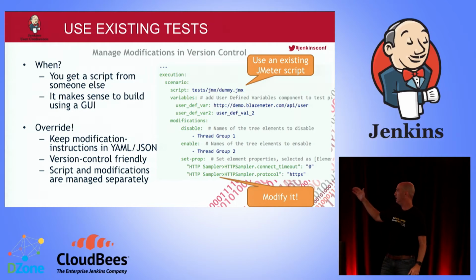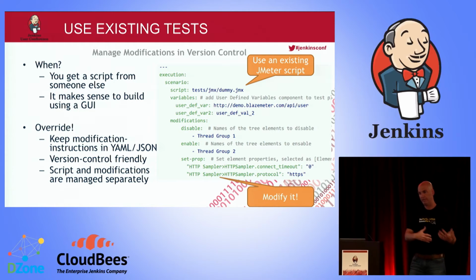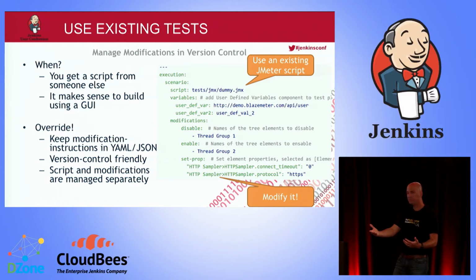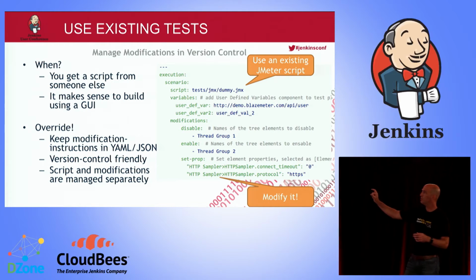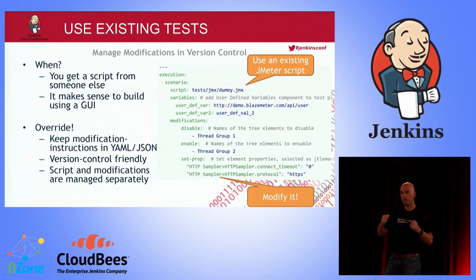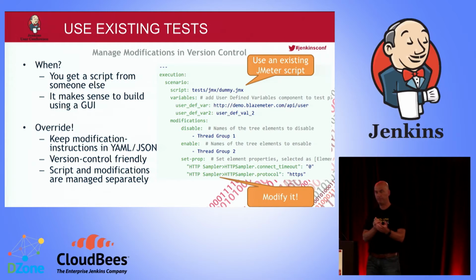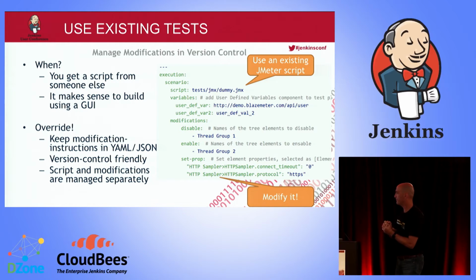I can say, enable this element and disable that element, override a certain property, or do whatever. But the test configuration that overrides the black box script I just got is also an atomic test script that I can either use or not later on.